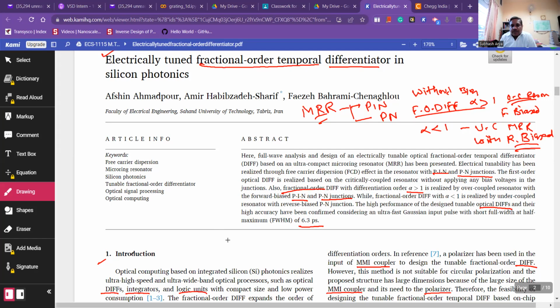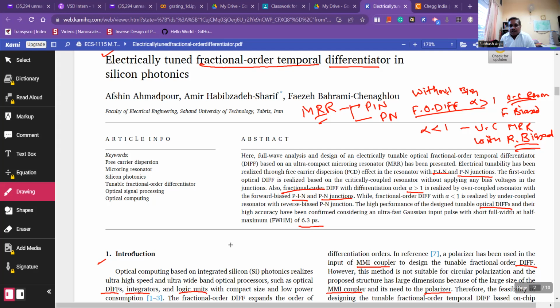Here, full wave analysis and design of an electrically tunable optical fractional order temporal differentiator based on an ultra compact micro ring resonator has been presented. Electrical tunability has been realized through free carrier dispersion effect in the resonator with PIN and PN junction.